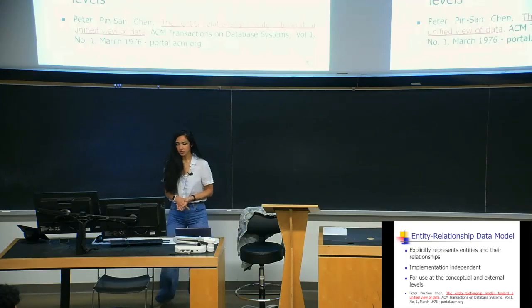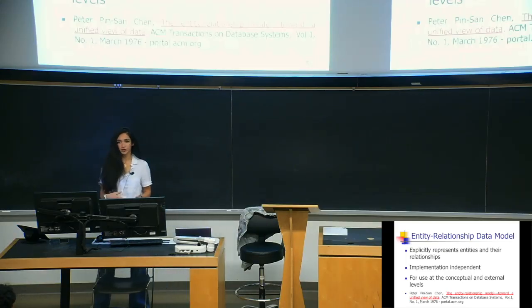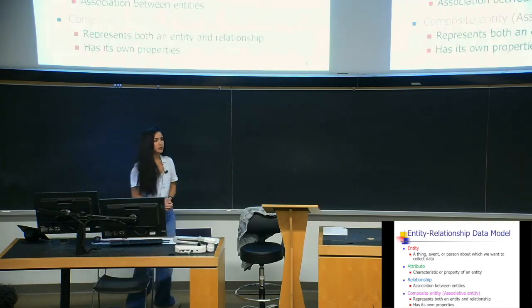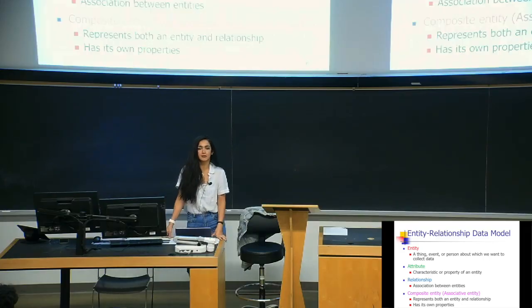Attributes provide further characteristics about the entity. If restaurant is an entity, some attributes could be the location of the restaurant, cuisine, etc.